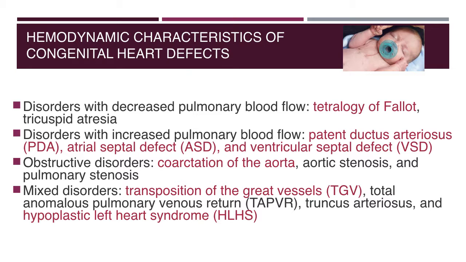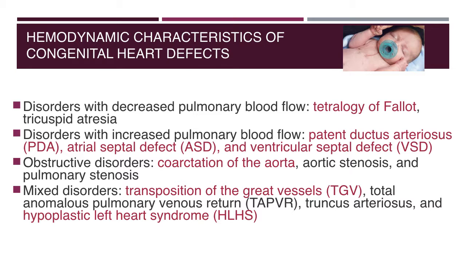Disorders that have increased pulmonary blood flow include a patent ductus arteriosus because it crosses over and bypasses the pulmonary flow, but yet at the same time it will back up, and so you end up with increased flow.